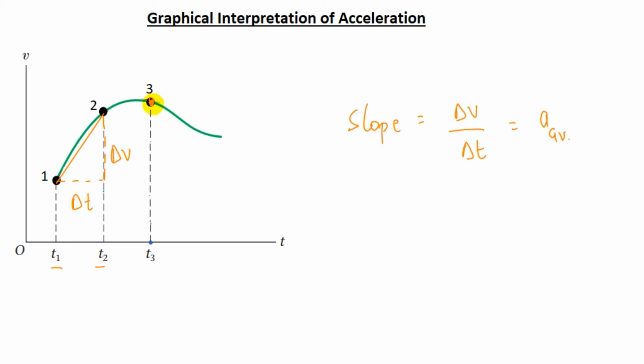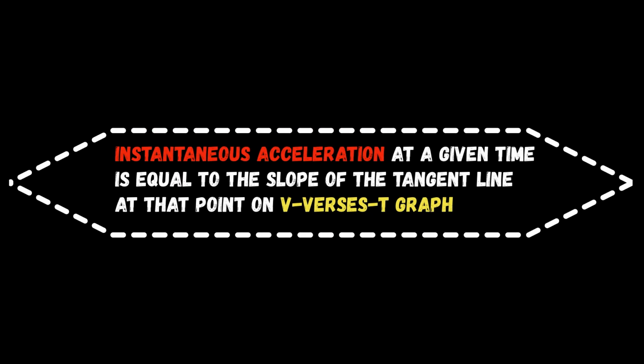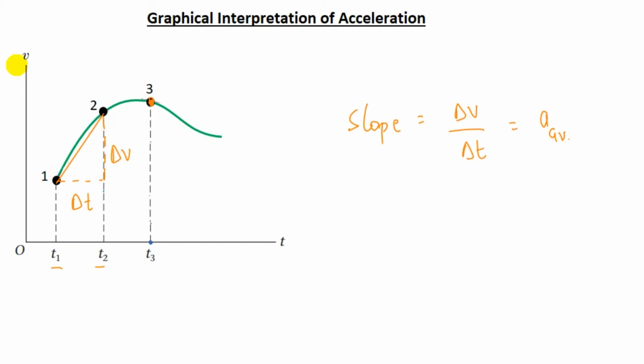Now in the earlier videos we studied that the instantaneous velocity at a given point is equal to the slope of the tangent line at that point on the x versus t graph. Similarly, we can say that the instantaneous acceleration at a given time is equal to the slope of the tangent line at that point on the v versus t graph.